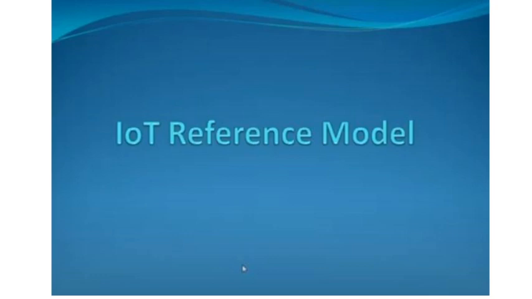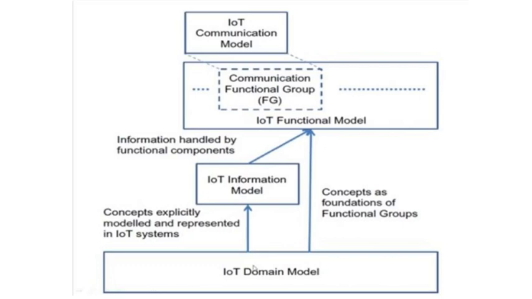So let us look at the first one, that is the IoT reference model. Here in the figure, you can see a diagram of the reference model. At the lowest point, you can see the IoT domain model.